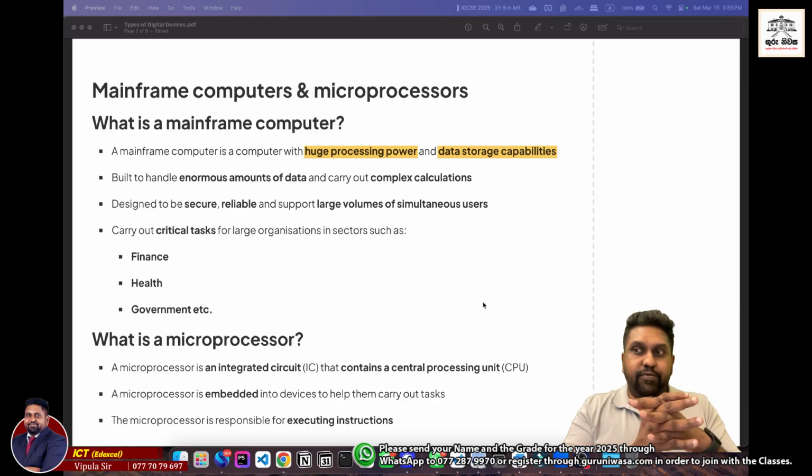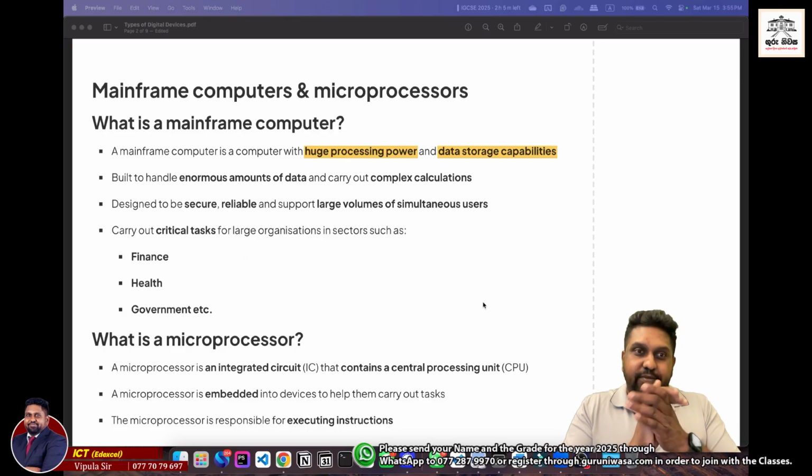Just think of a mainframe computer as the other way around from your personal computer. Your personal computer is built to perform a certain set of simple activities, and the mainframe computer performs many more activities and has much more performance.